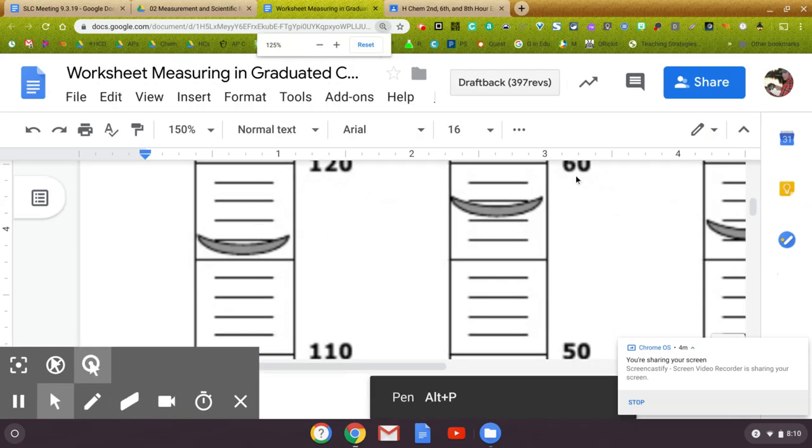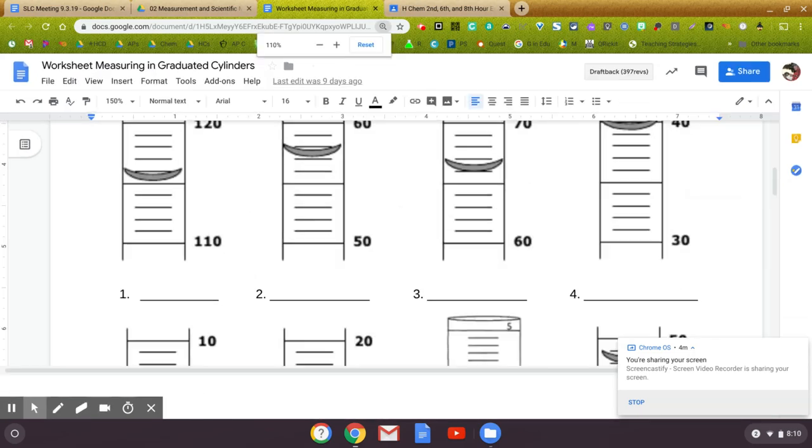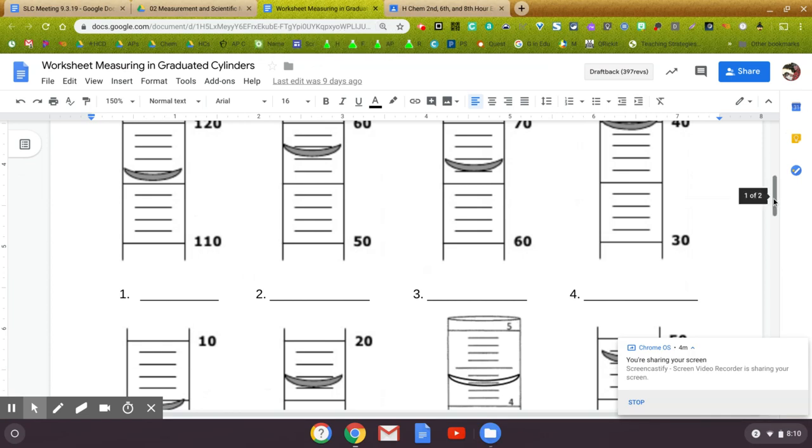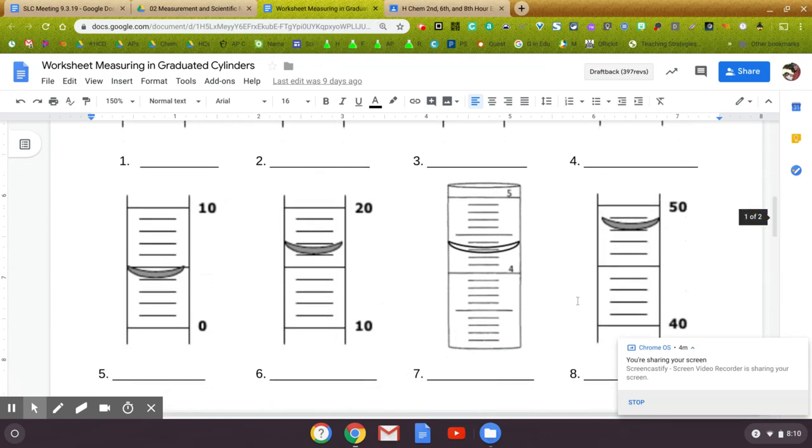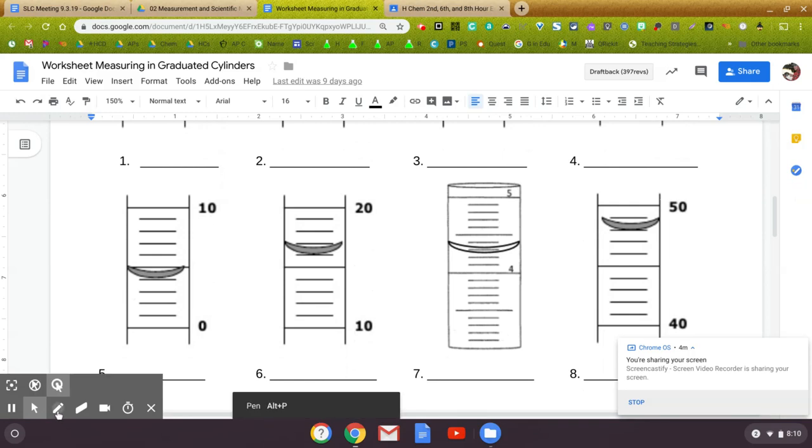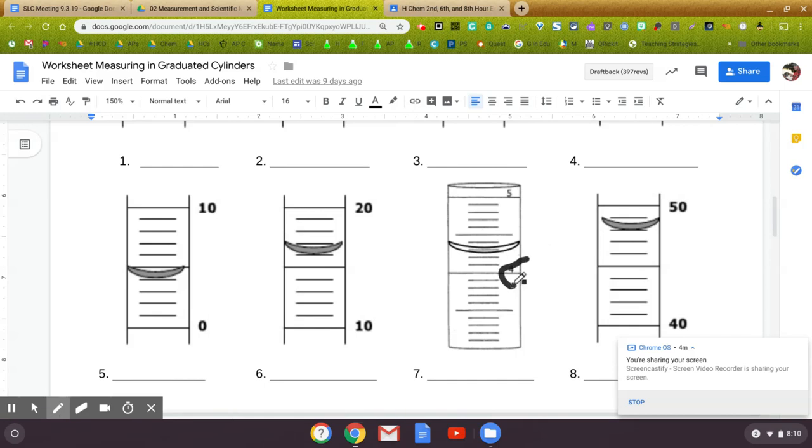Now, if we're looking at a different cylinder, like the one almost below it, this is definitely graduated differently because in this case we have our numbers marked as a 4 and then as a 5 right here. So we know that this is a ones place value that's known for sure, and a set of lines here that are going to be the tenths.